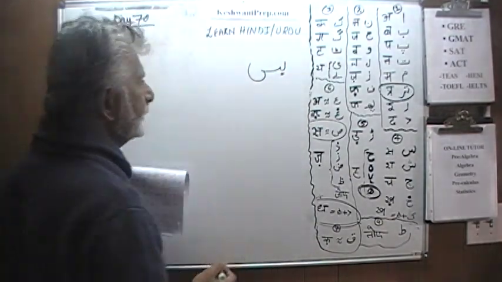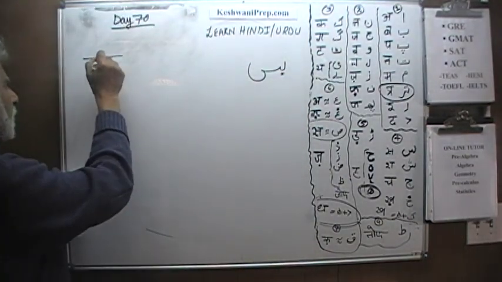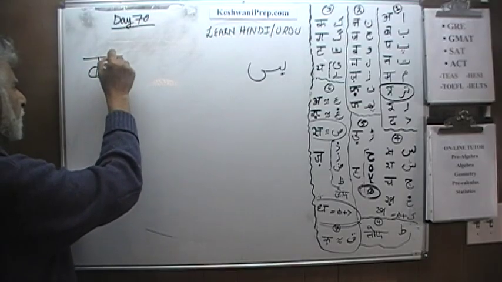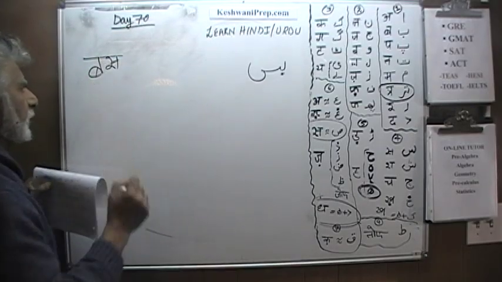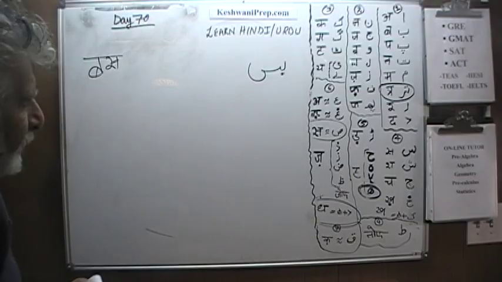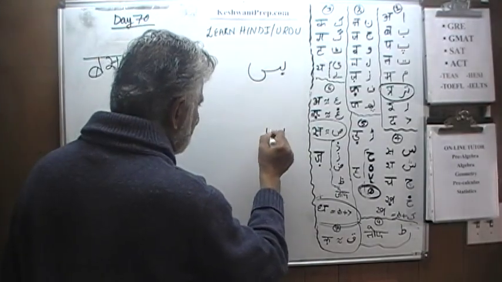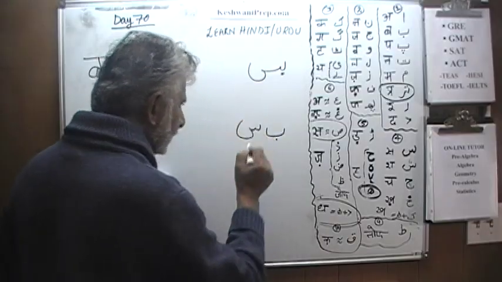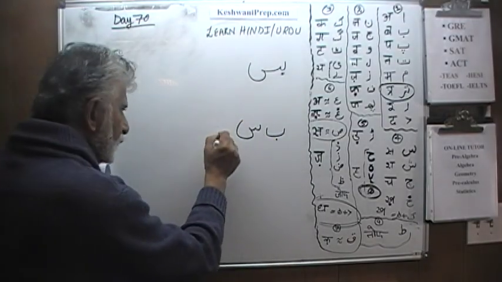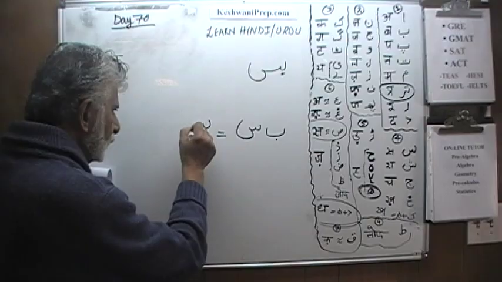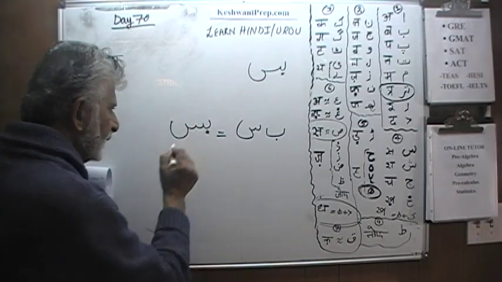Let's look at this word. This word is b and a s, bus. Bus has a couple of meanings, but before we worry about it, let's first look at it the way I wrote it here. So this is actually be and seen. You can write this as b and then two loops for so and then like this. This is bus.